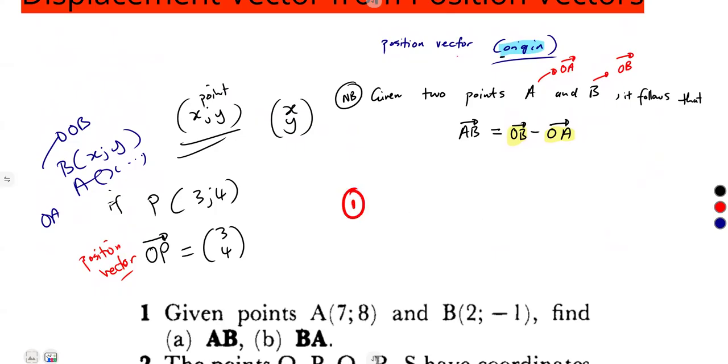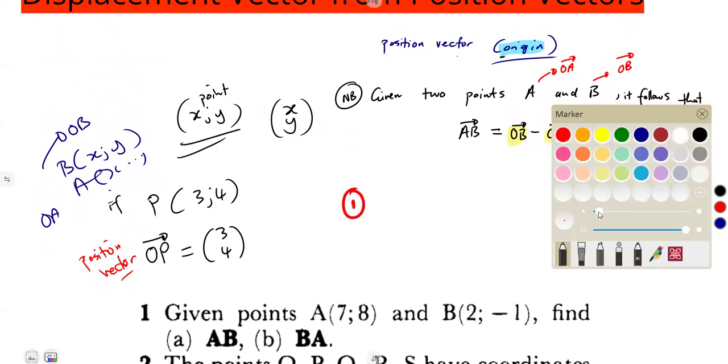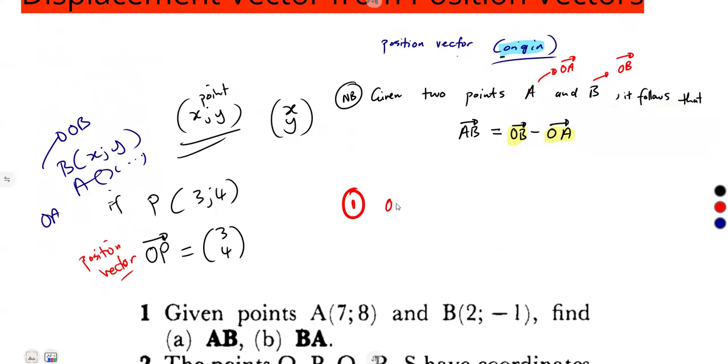From that point A, you have vector OA, which is the position vector from the origin, 7, 8. As it is, you do not change anything. And from the point B, we have the position vector again, which is 2, minus 1. So find the vector AB.